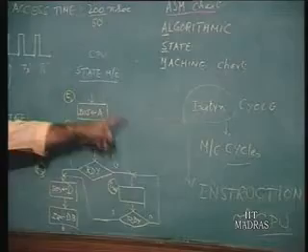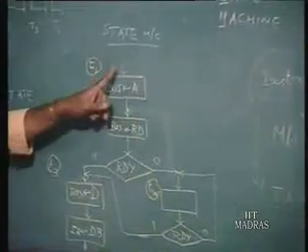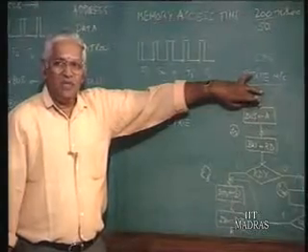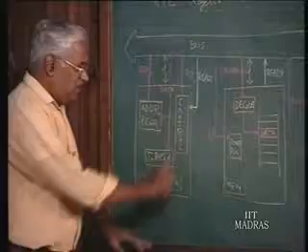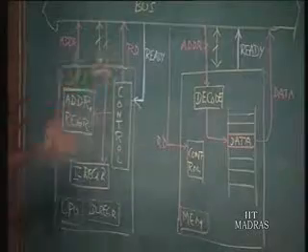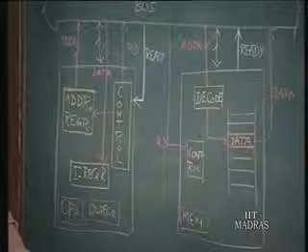And what exactly are you getting at here? You are getting to know the behavior of the controller of the CPU, which will ensure the various activities as given in that.